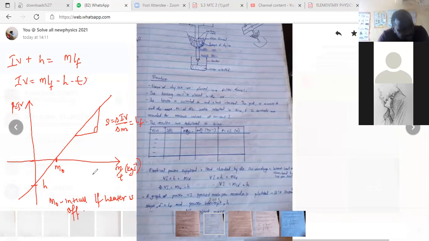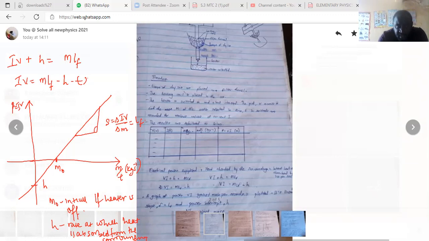H is the rate at which heat is absorbed from the surrounding. So that is method 1, finding latent heat of fusion of ice using the electrical method.